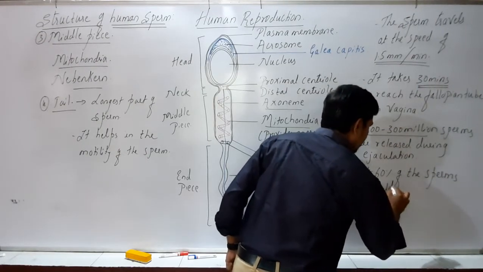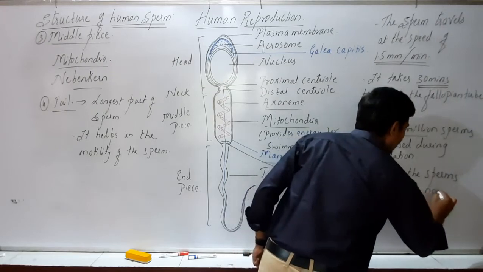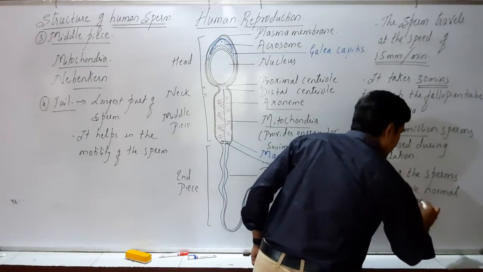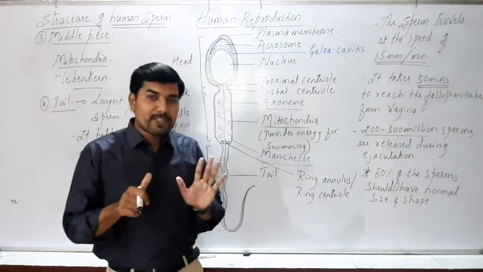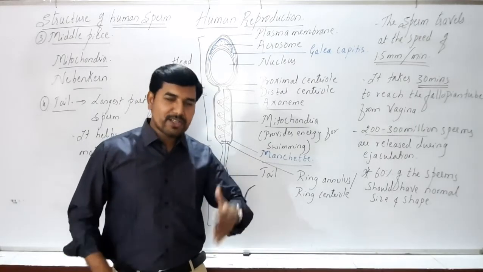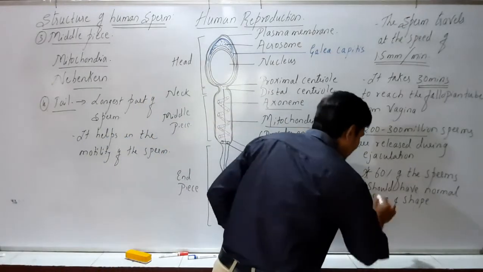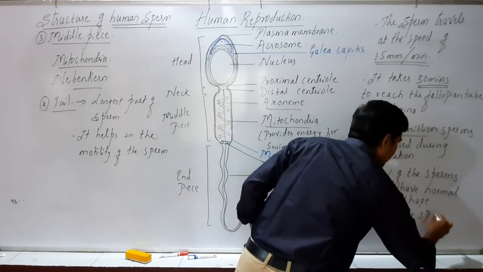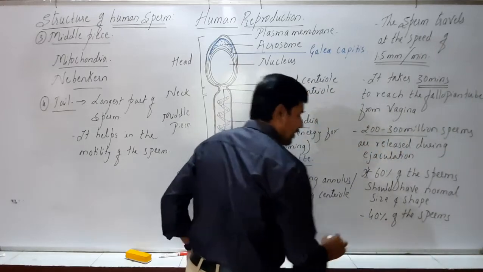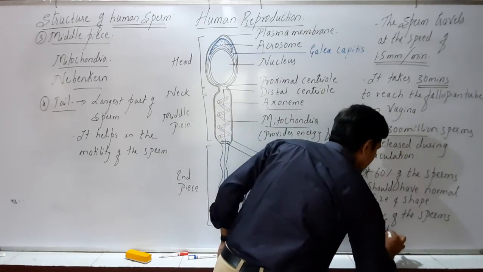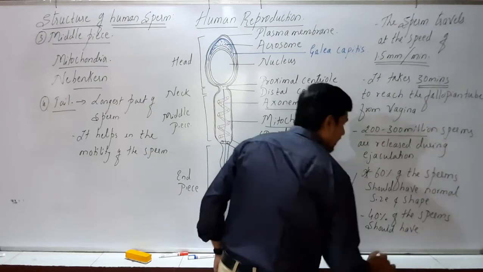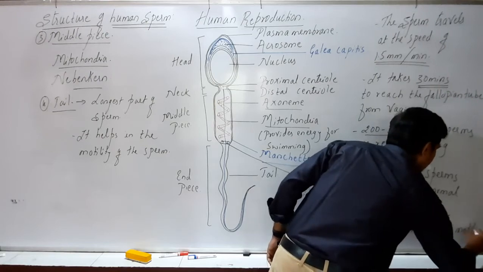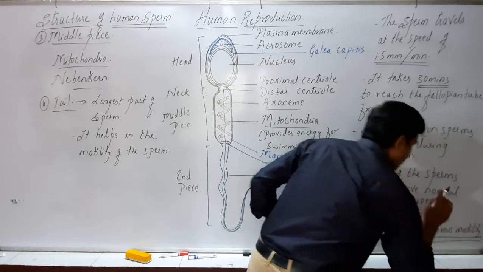Out of these, nearly 40% of the sperms should show vigorous motility.